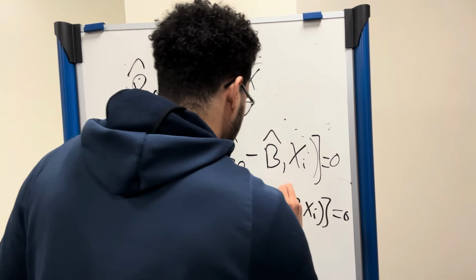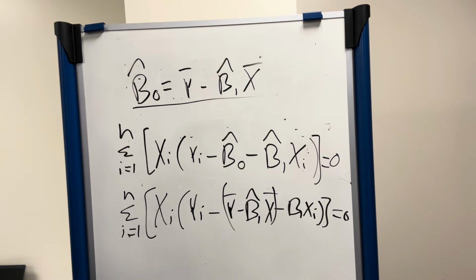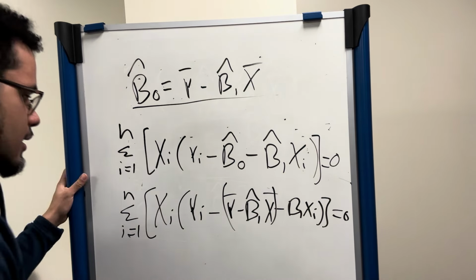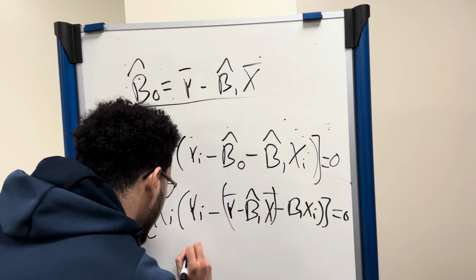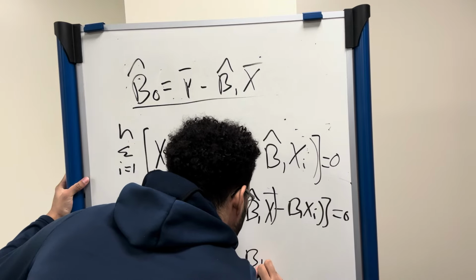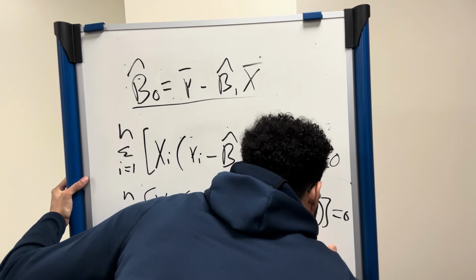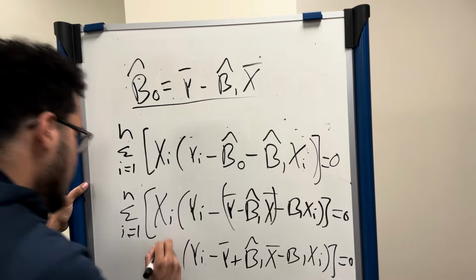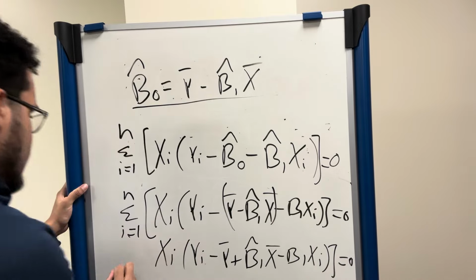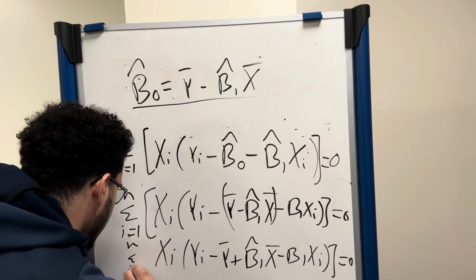Okay, this is in parentheses, right? So we just sub that in, and now we want to do some math here. Y bar plus B1 X bar minus beta 1 equals 0. Okay.